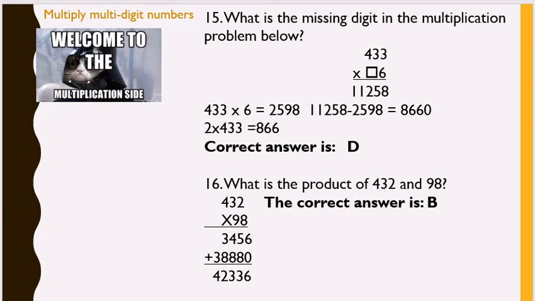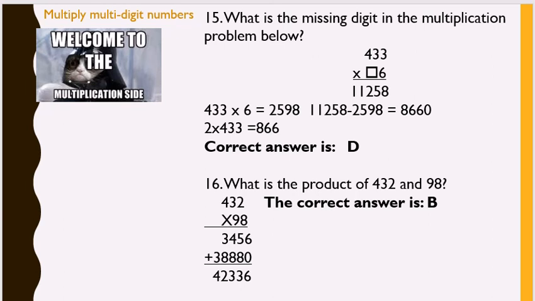Number 16, what's the correct product of 432 and 98? When you're looking for the product of something, you should know that that is a key word for multiplication. So 432 times 98.